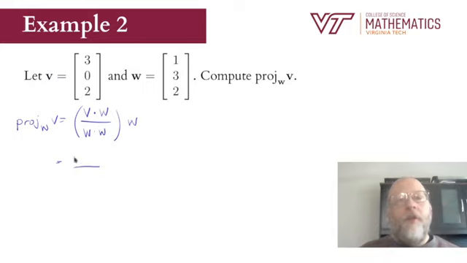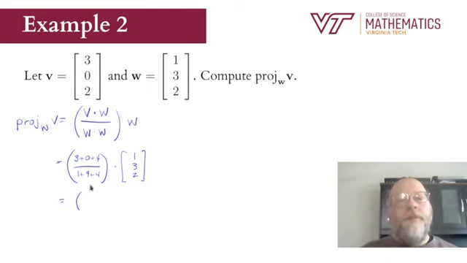So in the numerator, we're going to dot product both vectors. So this is going to be 3 plus 0 plus 4, which is 7. And the denominator, we're going to take w dot w. So that's going to be 1 plus 9 plus 4. And then this w is just a vector 1, 3, 2. We're not doing anything with that.